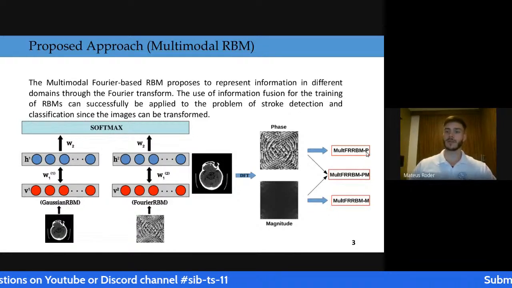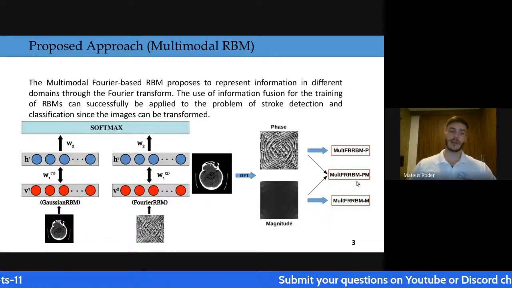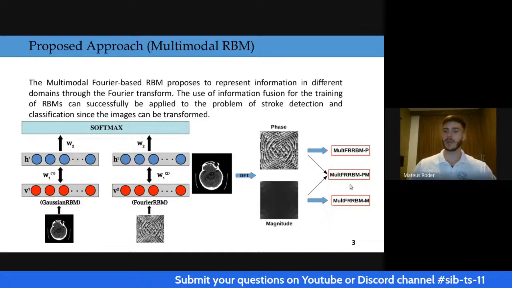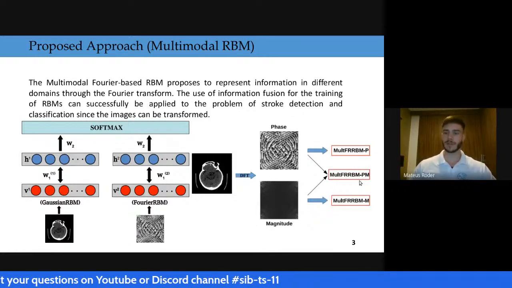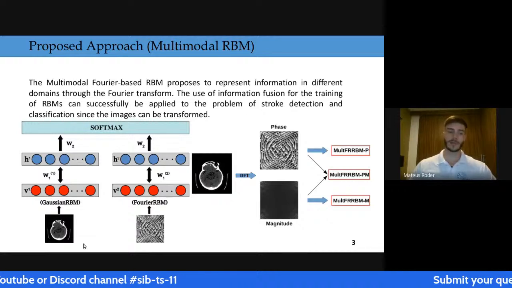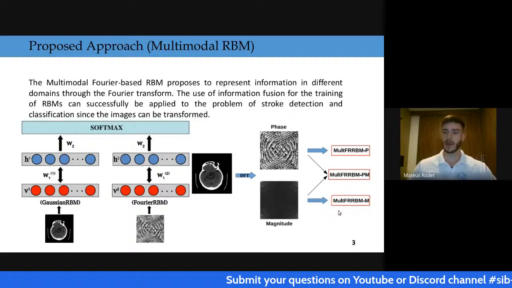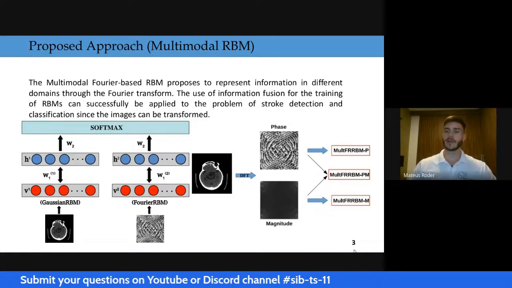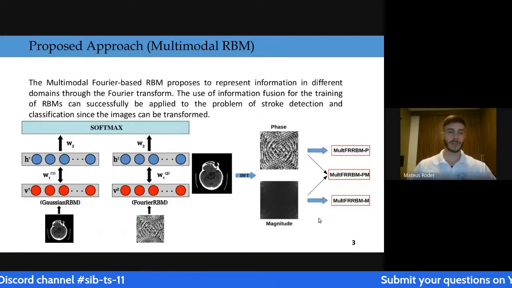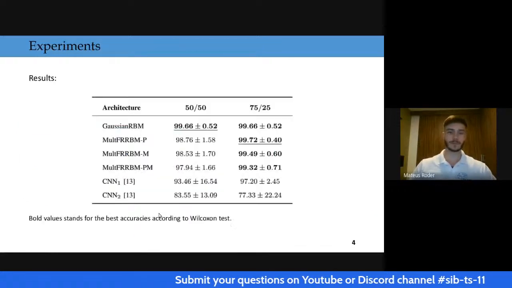The first one, denoted by P, has the phase input, together with the Gaussian RBM as the first image. The second RBM, multimodal, with PM, has the phase and magnitude, together with the Gaussian RBM. And the third one is the multi-Fourier RBM with the magnitude from the Fourier transform. In this manner, we have 3 multimodal RBMs with Fourier-based information fused to the Gaussian RBM.